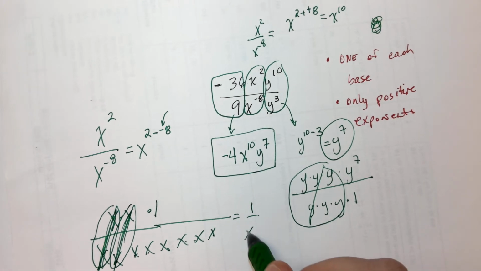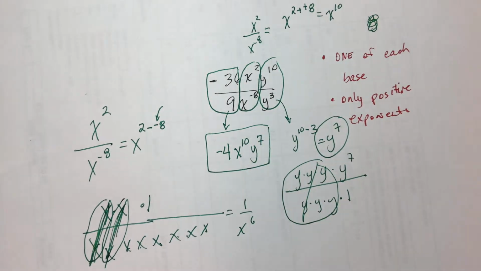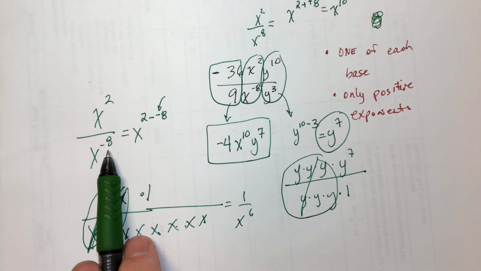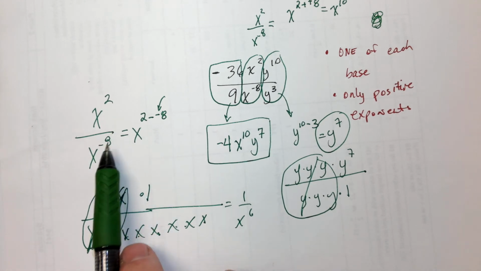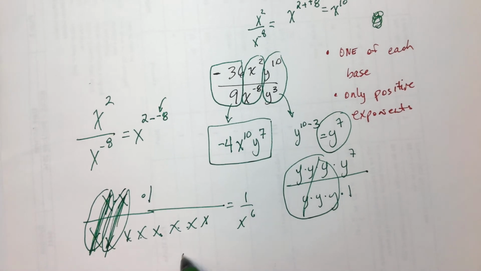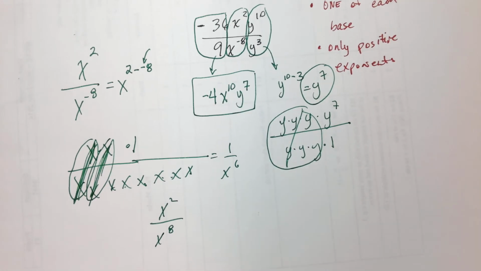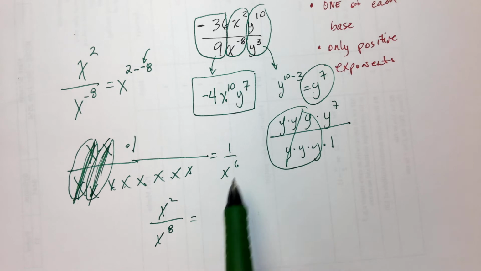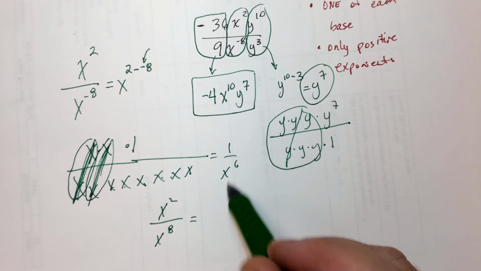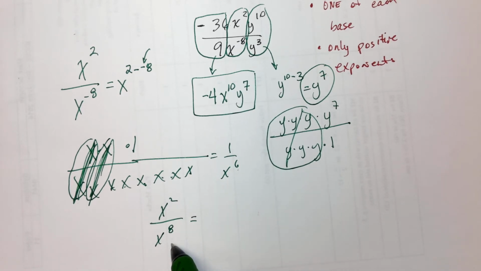That's 1 over x to the 6th. Oh, I take it back. No, that's okay. It's different than this. This is x squared over x to the 8th is what I wrote out. And the reason you subtract is you see 2 minus 8 is 6. There's 6 more on the bottom.